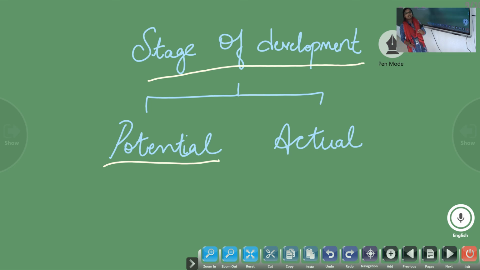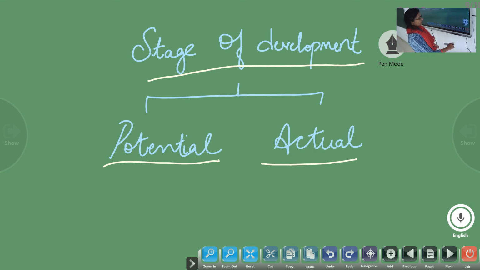However, because it is not yet being used, it is only a potential resource. And an actual resource is a resource that we are using continuously. Okay, that is called an actual resource.